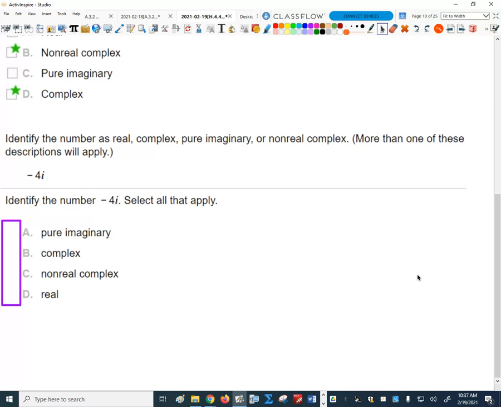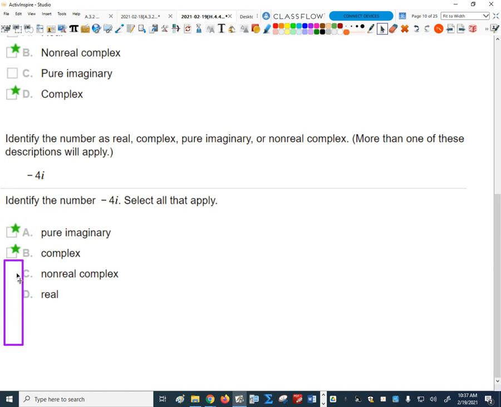What's a equal to? 0, right, okay. b is negative 4, right? Well, what's the definition of pure imaginary? It's any complex number where a is 0. So this is pure imaginary, right? It's pure imaginary because it has an i, but it has no real part. Everybody agree? Okay. So it is pure imaginary.